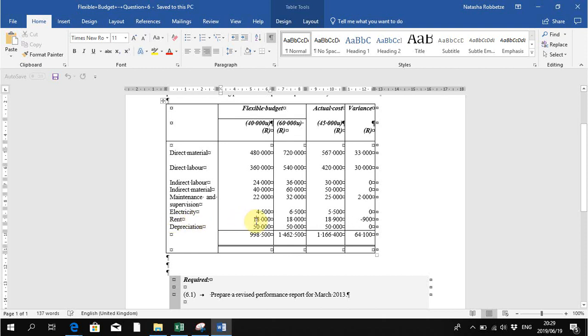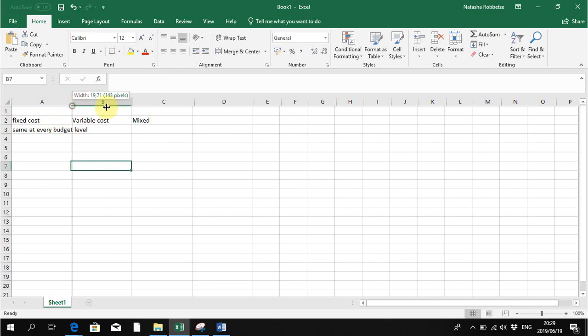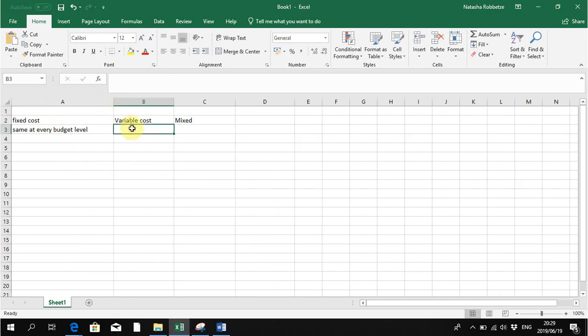So rent is a fixed cost and depreciation is also a fixed cost because you can see with the bare eye, the amount is the same, irrelevant of the budgeting units. So here under fixed cost, we will simply say that it is the same at every budget level.